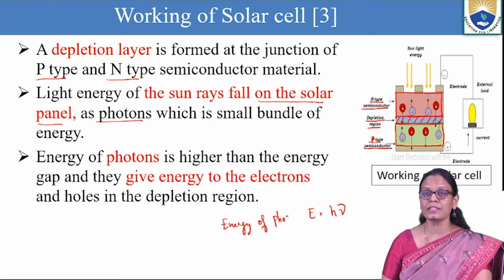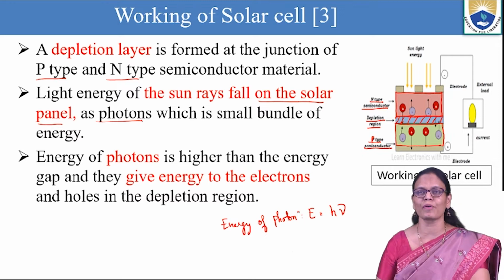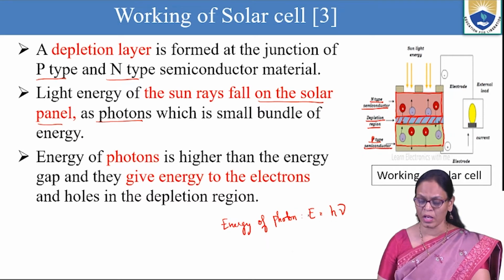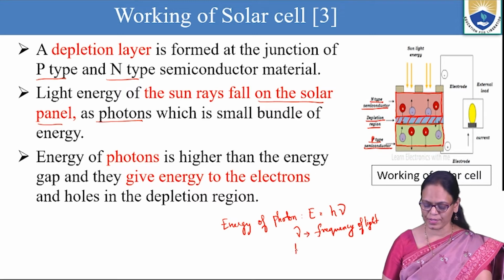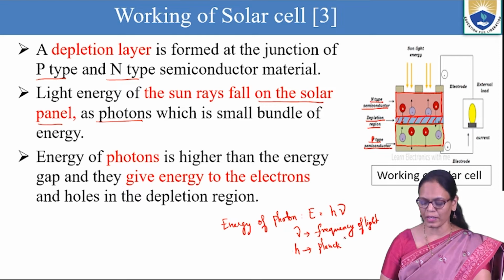When energy is incident on the surface, it is incident in the form of photons, and that can be calculated using the formula E is equal to h nu, where nu is the frequency of the light, and h is Planck's constant, which was given by Planck.